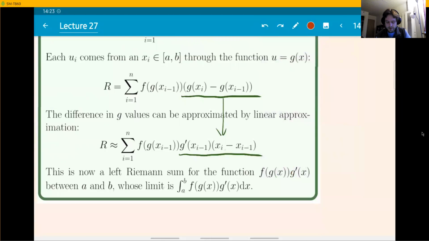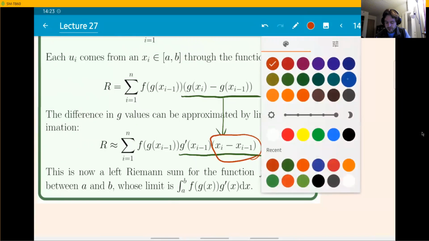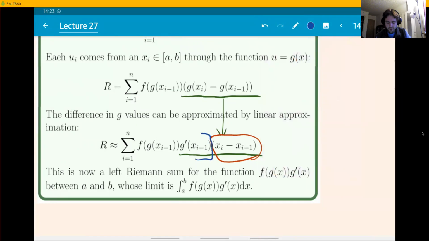There is one part of it which is a difference of x's, and there is another part of it which is a certain function evaluated at a certain point x_{i-1}. The function is this one, f composed with g times g prime. And then you're taking that function evaluated at the points x_{i-1} and then multiplying by differences of x's.